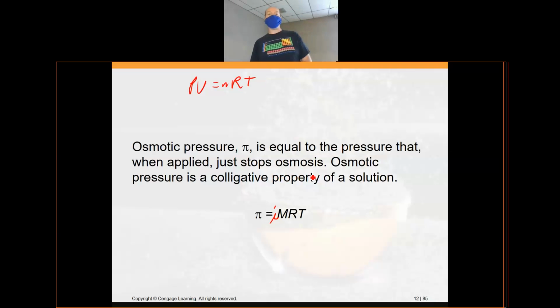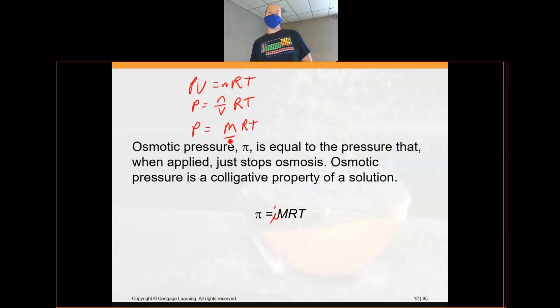But if you just look at the units, it works out perfectly. So we divide both sides by V, and you get n over V times RT. We know that n is moles, V is volume, and so when we have moles per liter, we have molarity. And so we see that the pressure is molarity times RT.